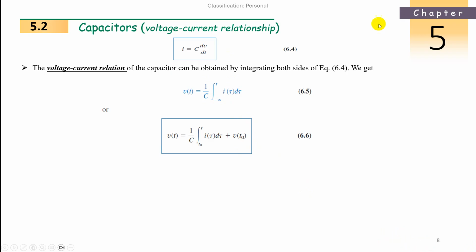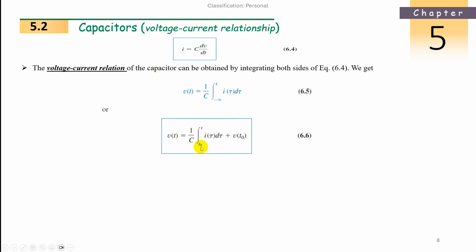Integration always has its initial value. You already studied this in calculus 2: differentiation has no initial value, but when you integrate, there should be an initial value. Same here, V of t0 means the initial value, and from that initial value to some time t, the same integral of I dt applies.